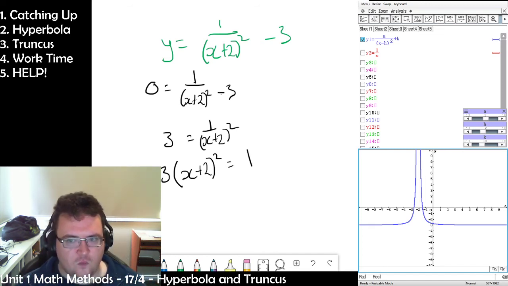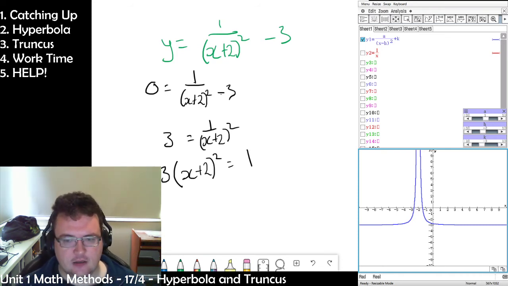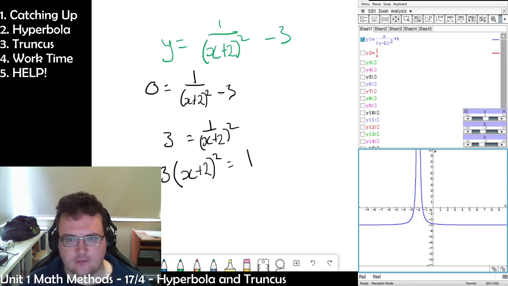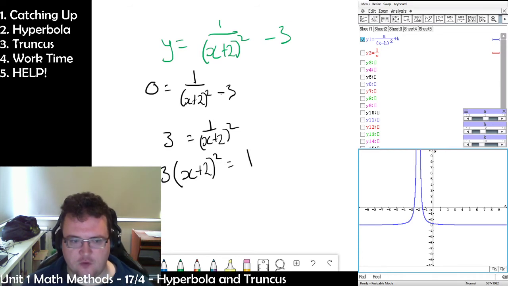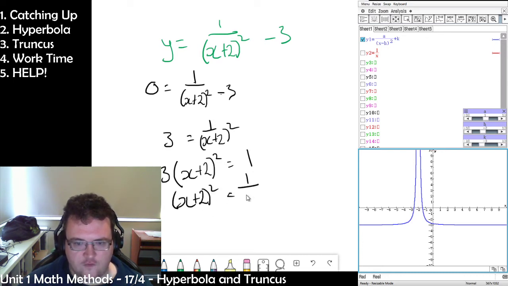There's a problem with that, in that I cannot do the square root yet. I have to move the 3 first. So if I move the 3 first, I end up with x plus 2 squared equals 1 over 3.